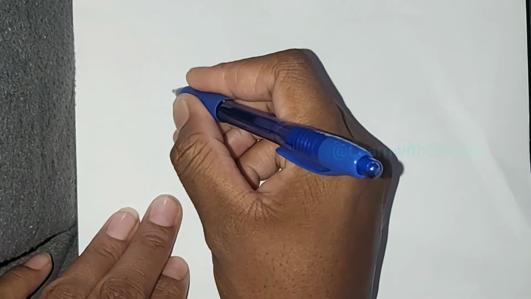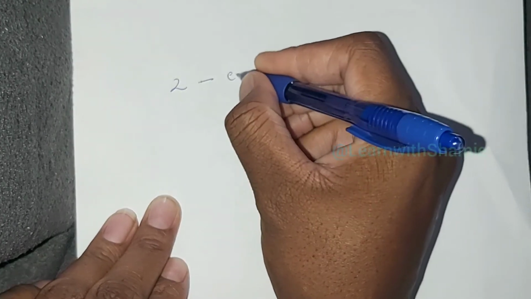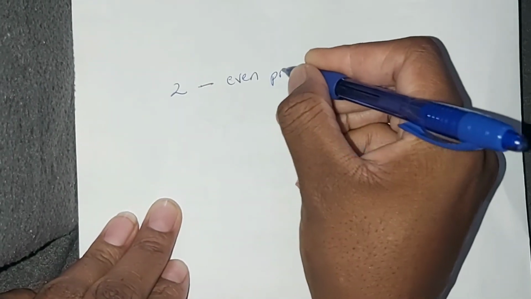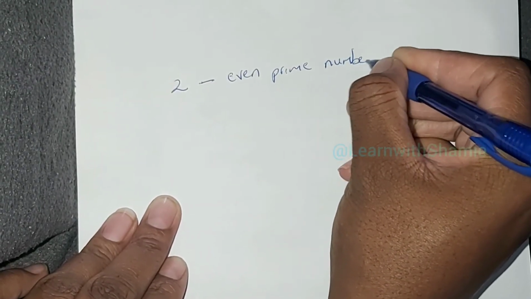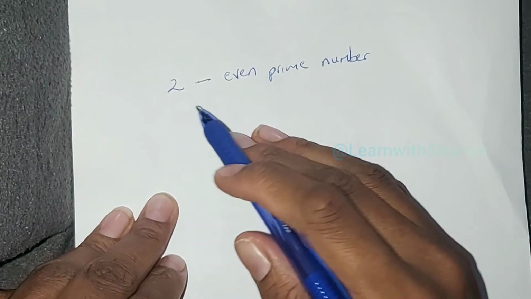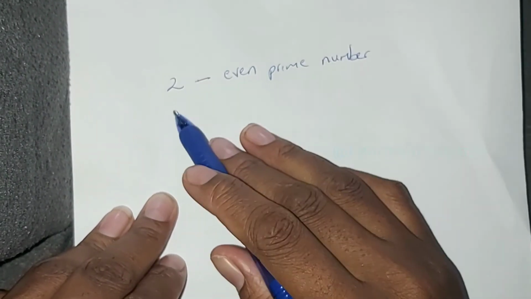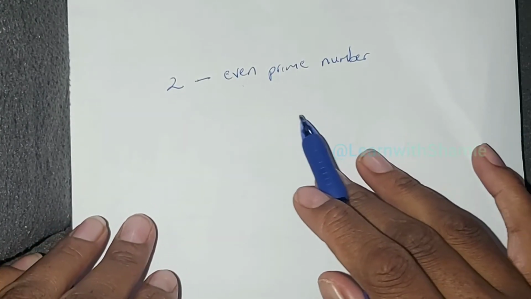There are 2 main facts I want to share with you about prime numbers. The first one is that 2 is the only even prime number. So 2 is the only even number that is also a prime number.